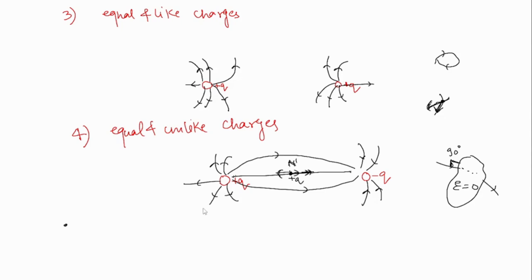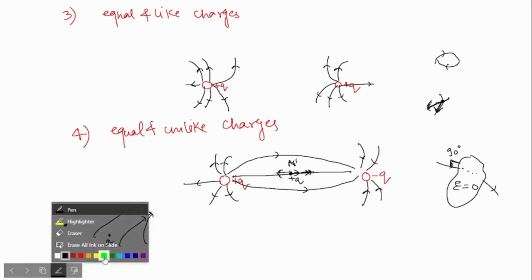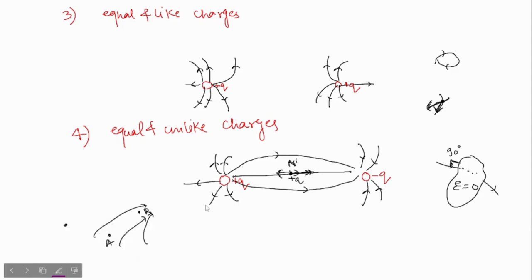For example, suppose electric field lines are like this, and this is point A and this is point B. You can see that at point B they are closer, so the electric field intensity at point B will be more than at A. As the closeness increases, the electric field intensity also increases.